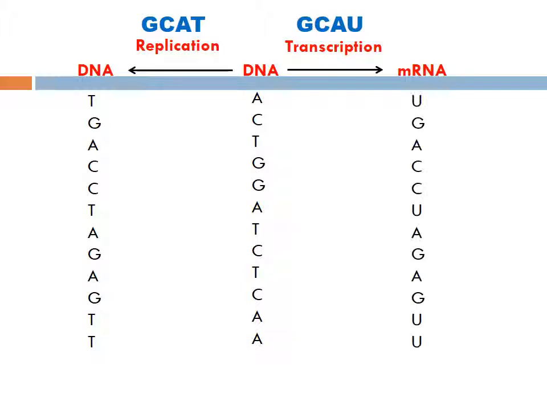Okay, let's see how you did. So the first base in that DNA molecule is adenine, A. So A in our GCAU pairs with U on RNA, so that was pretty easy. We know that C and G always go together, so that one's not too bad.